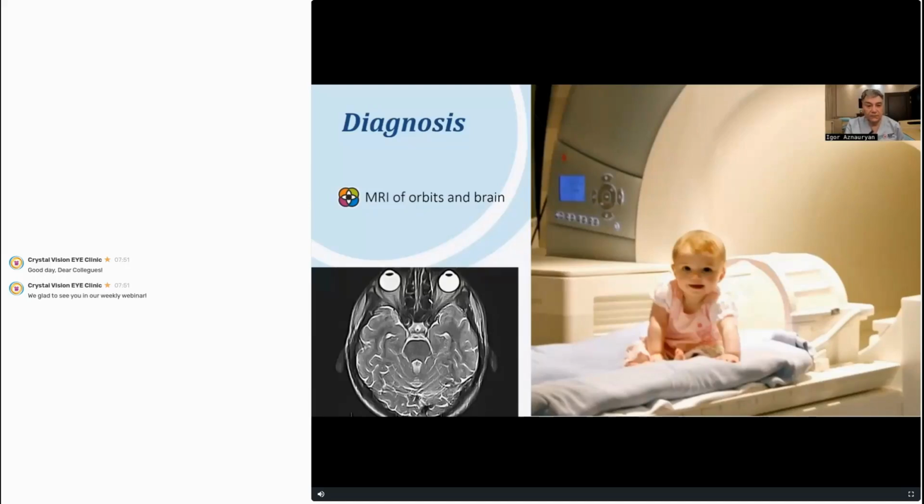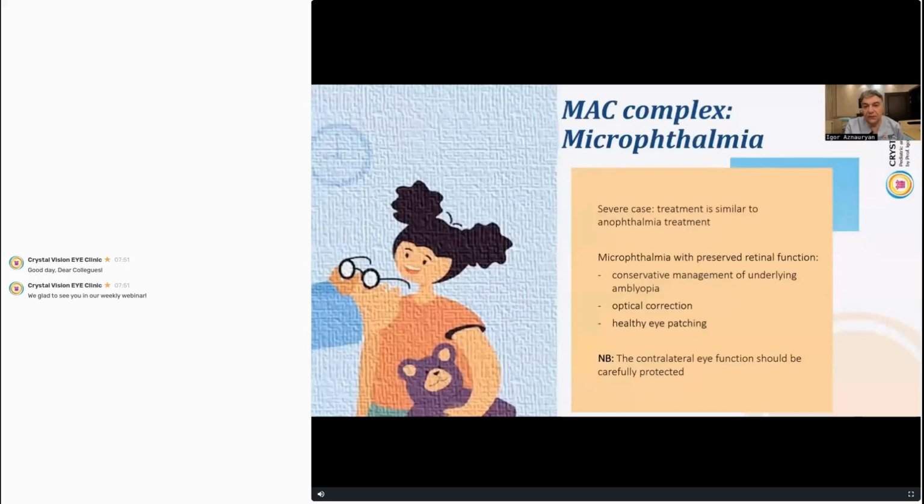Well, again, in cases of microphthalmia, everything depends on the severity of the pathological process and the severity of congenital damage.